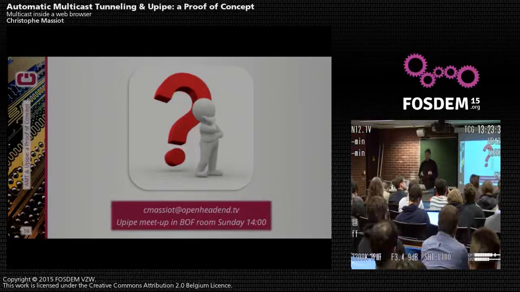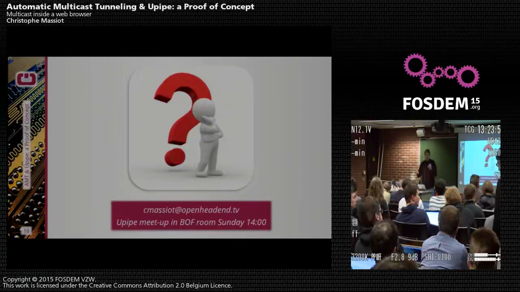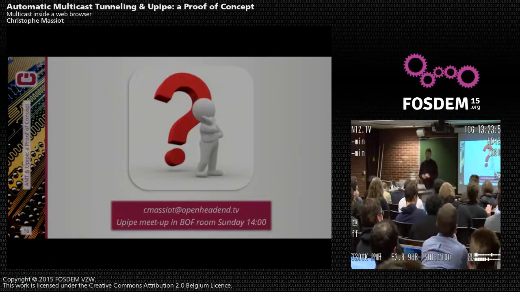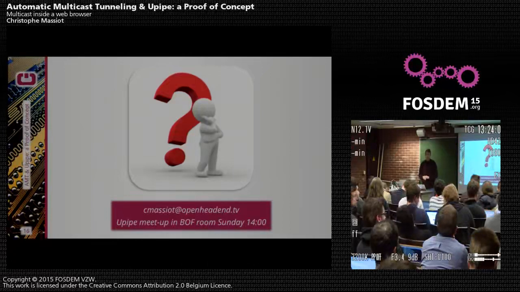For instance, if you know that one of your contents will be viewed a lot, you can push it a few hours earlier or during the night when there is not so much bandwidth used in the DTT or the satellite or your IP network, and so the client can cache this data and read from the hard drive when you read it.